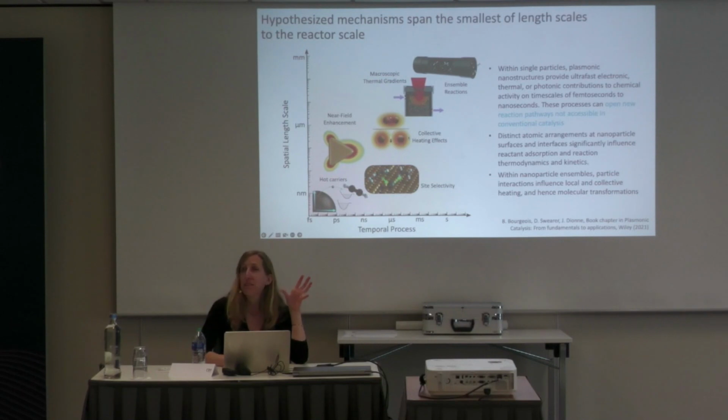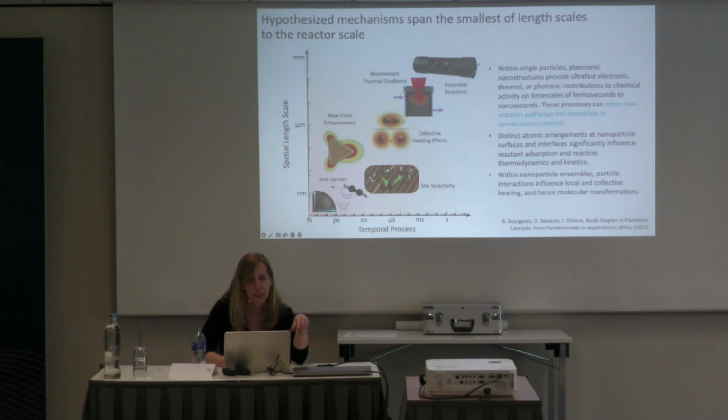And then as you zoom out to larger length scales and longer time scales, there are collective heating effects and electromagnetic hotspots that can be distributed between the nanoparticles in your catalytic reactor. Those localized heating effects can give rise to macroscopic thermal gradients.